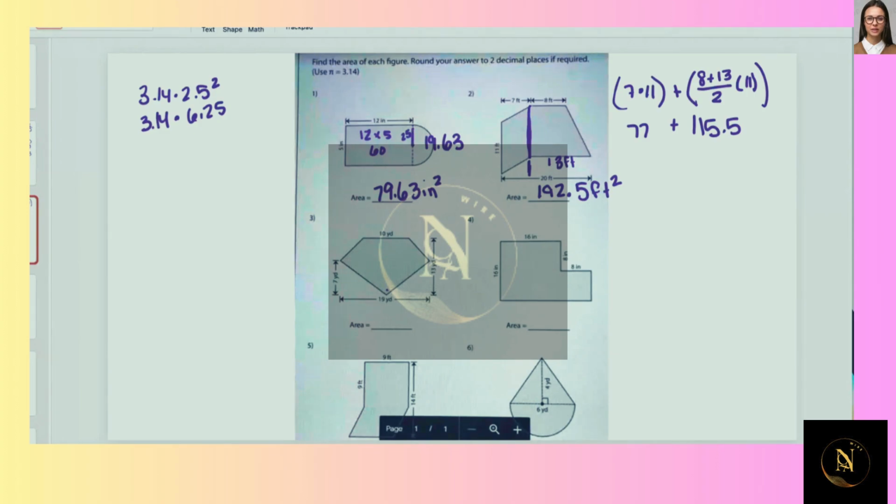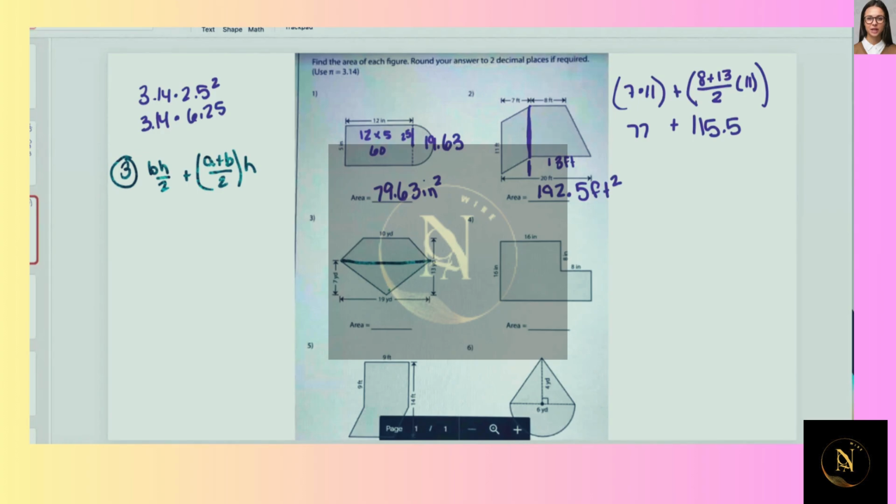Okay. For the next shape, this looks like a diamond. Okay, but let me erase this part that I did. If I split it in half right here, it's a triangle and a trapezoid. So for number 3, my triangle, I'm going to do base times height divided by 2, and then plus the formula for trapezoid, a plus b, divided by 2 times the height.